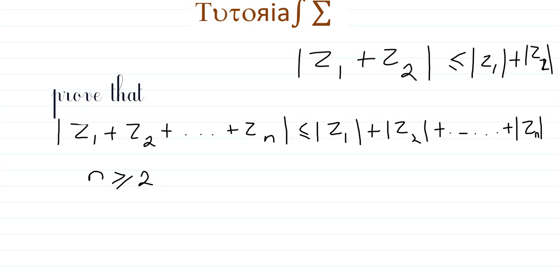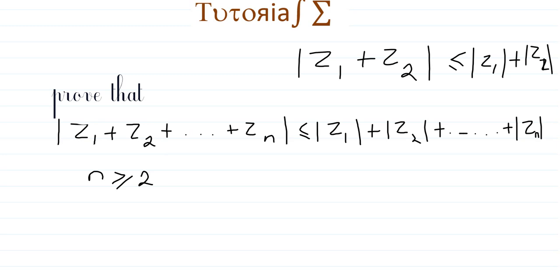And how we can start this lesson is by first taking note that the expression inside here is the same thing as sigma zn, and this can be written as sigma of the modulus of zn.